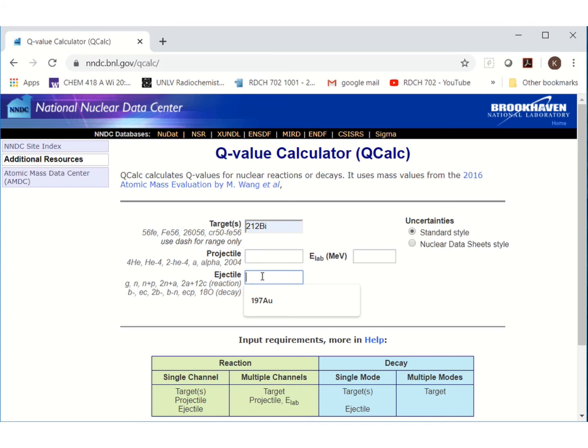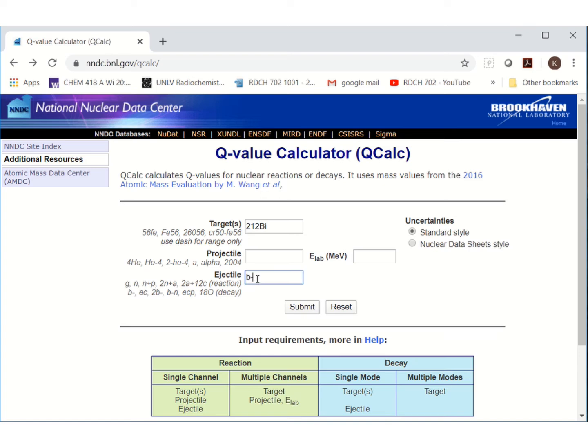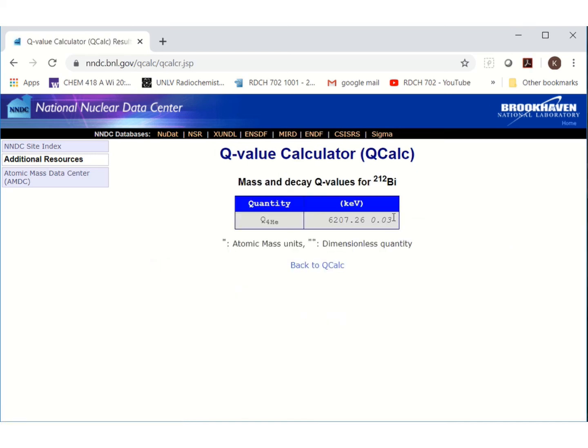So B minus is beta minus, and I can get the reaction straight away. If I wrote 4He, I can get the alpha decay straight away.